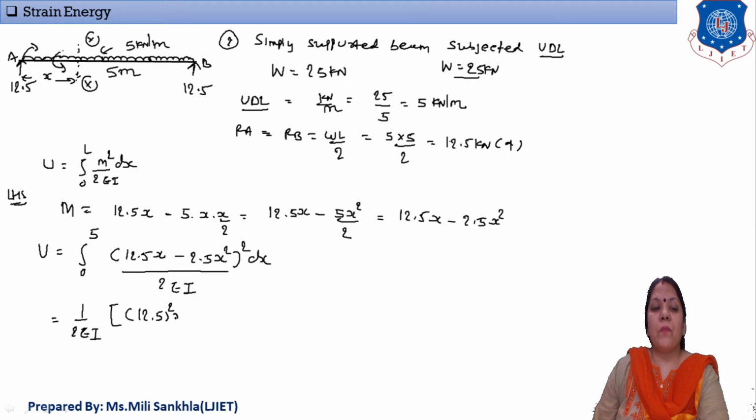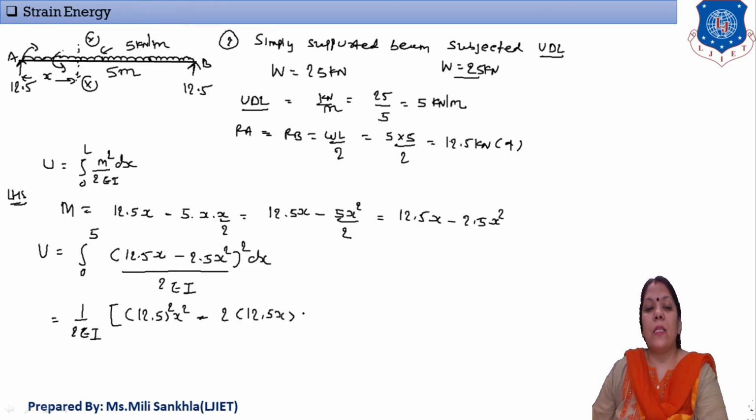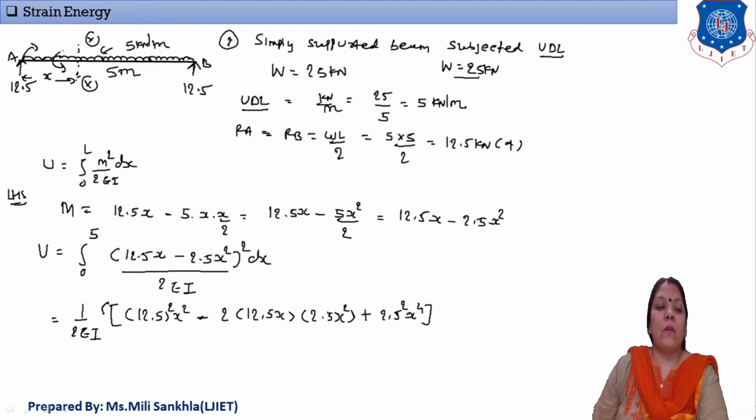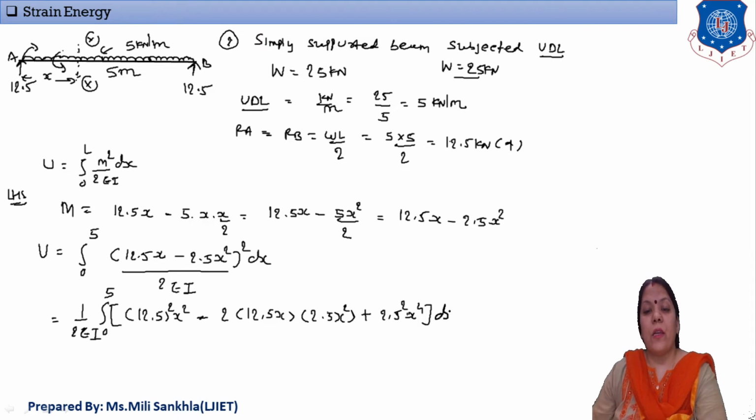12.5 squared x squared, the middle term is equal to 2 times 12.5x times 2.5x squared, and the final term is 2.5 squared and x raised to 4. Here mention the limit of 0 to 5, then after we integrate, then dx.